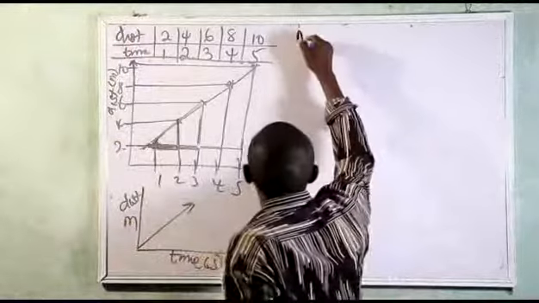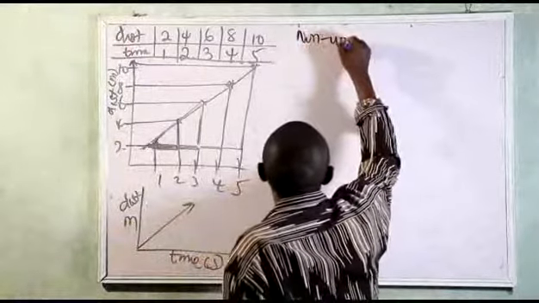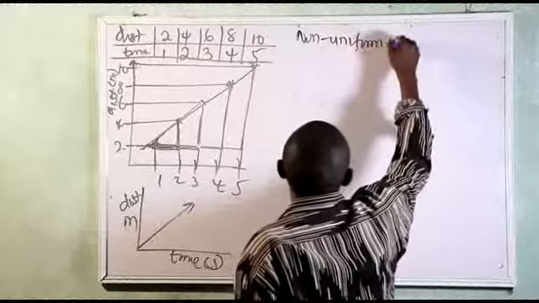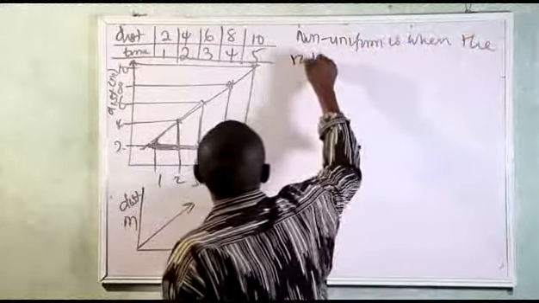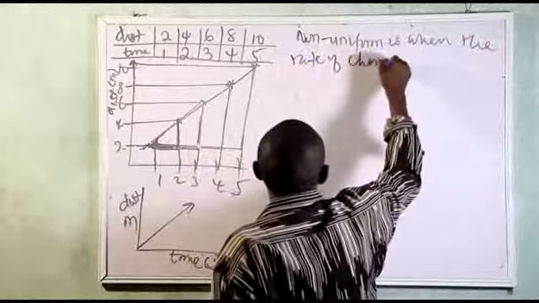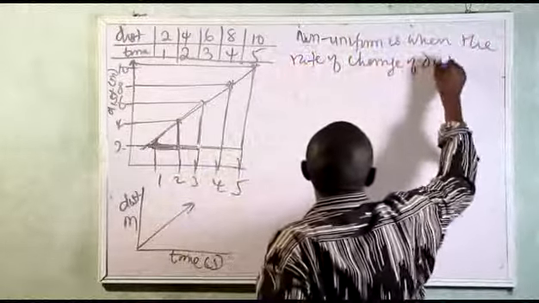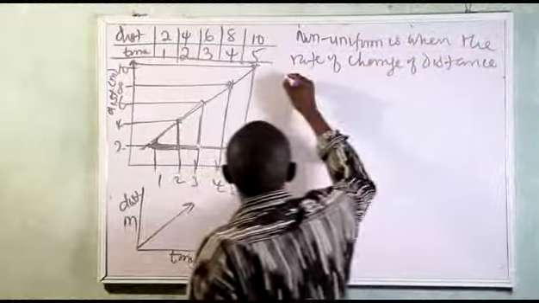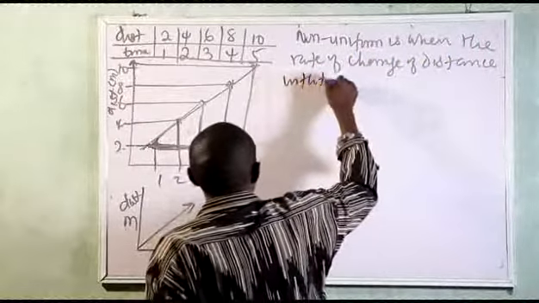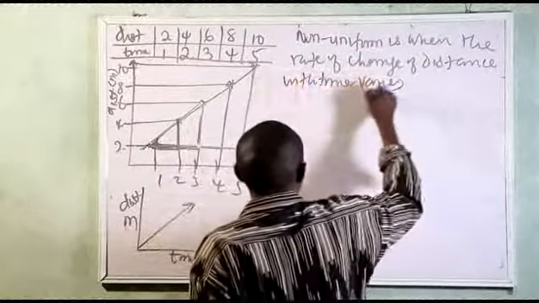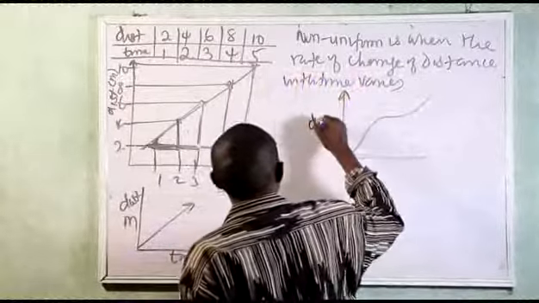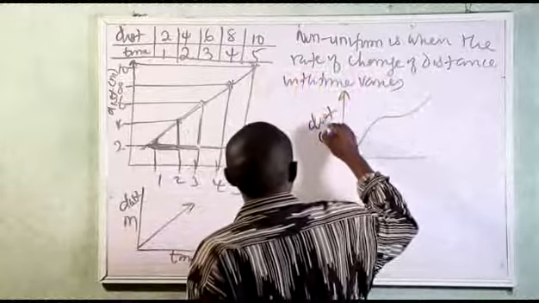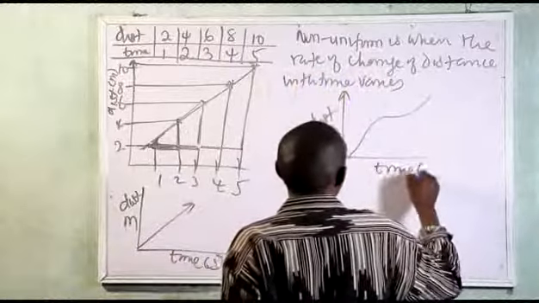Non-uniform speed is when the rate of change of distance with time varies. A graph of this type is a non-uniform speed. Distance in meters, time in seconds.